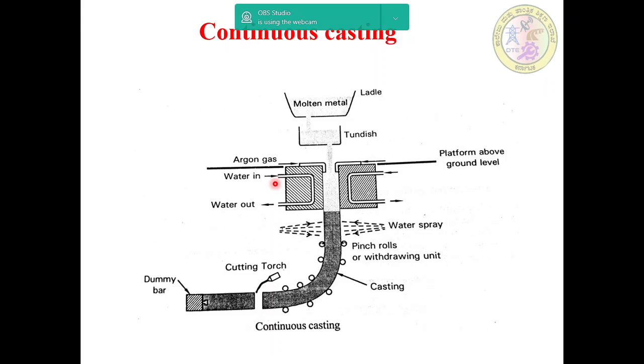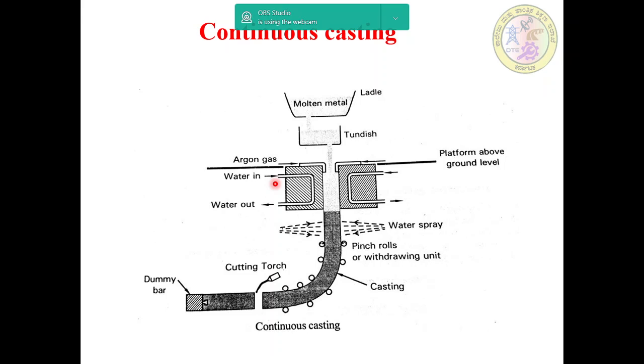Simple geometric cross sections, blooms, billets, bars, or slabs are cast directly from the molten metal. A simple metallic mold open at both ends and cooled continuously is used for the purpose.